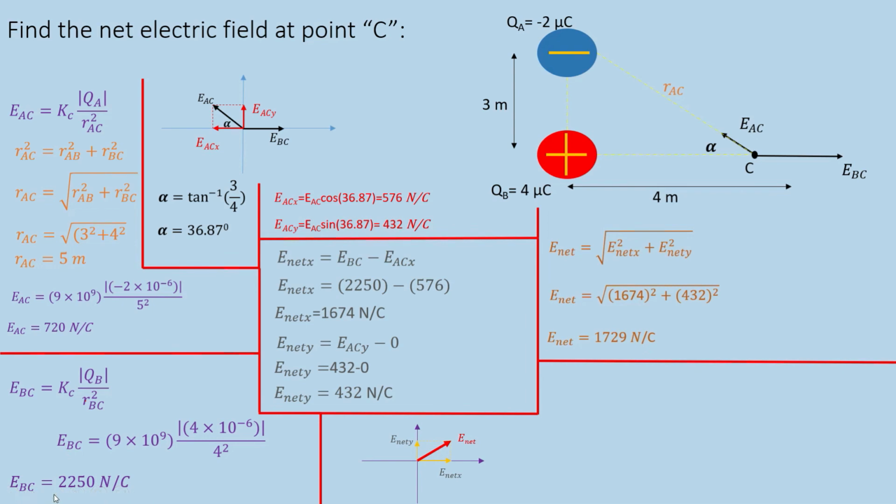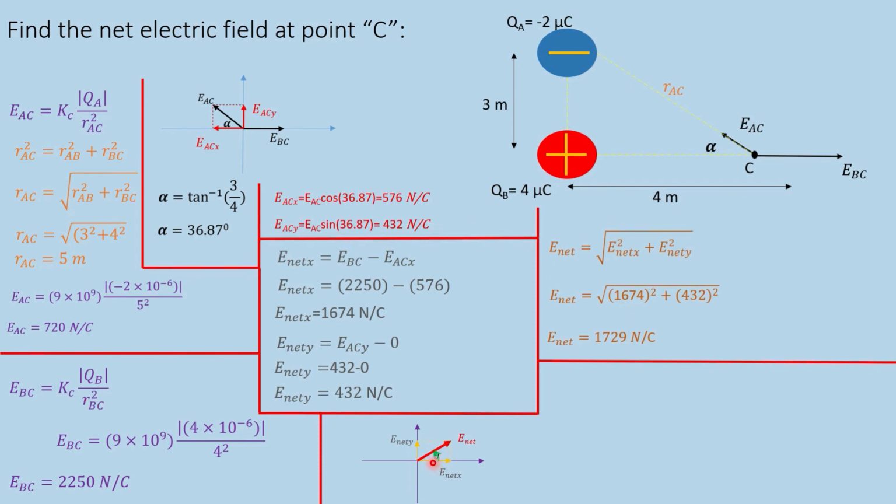The direction for E net will be the reference angle from the positive x-axis, which means it will be this angle from the positive x-axis counterclockwise to this point. So we consider this angle as theta.